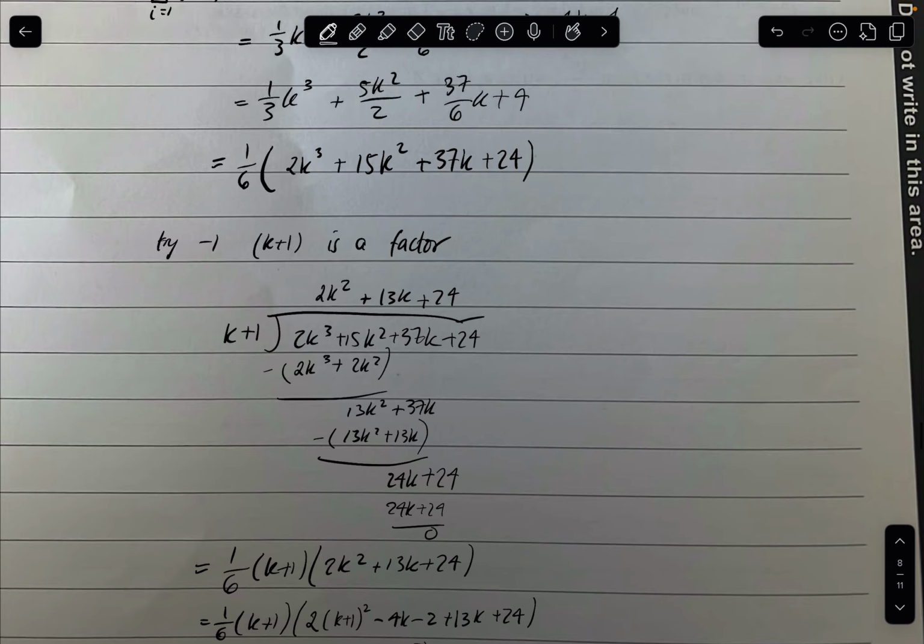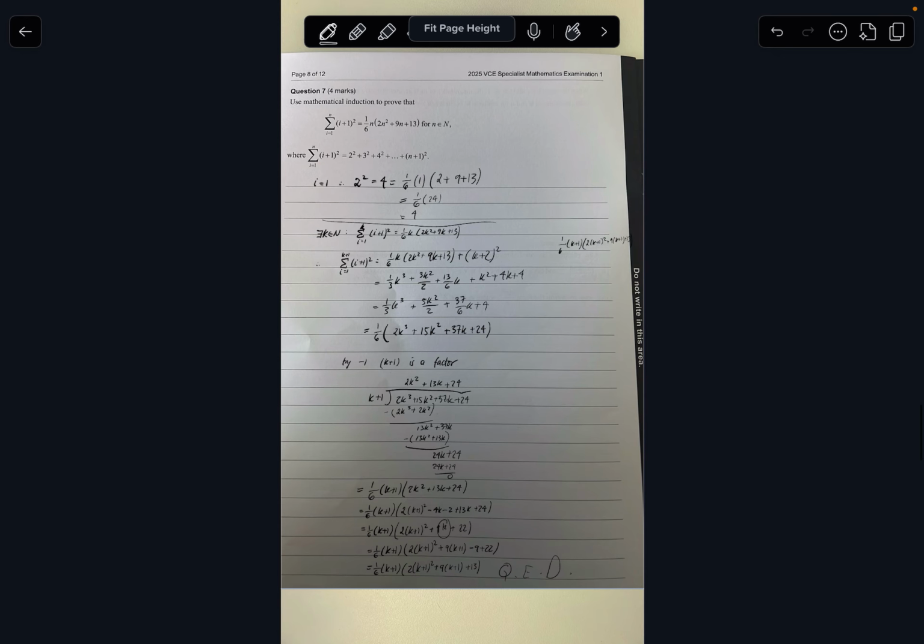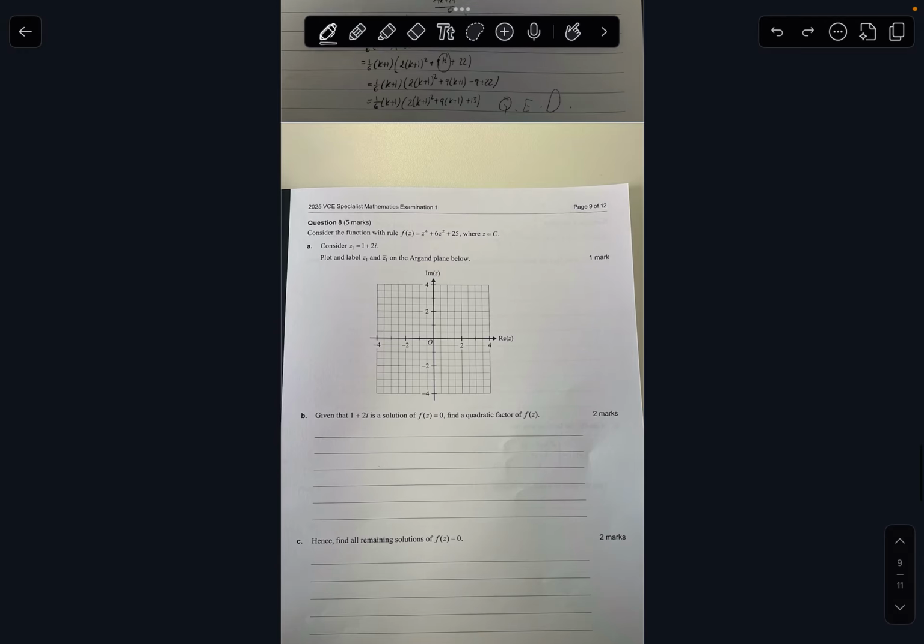Is that right? Okay. Done. It depends. If they'll accept if you just expand that and let them be equal, then that's not that bad. But if you had to get that yourself, it's a bit tricky.